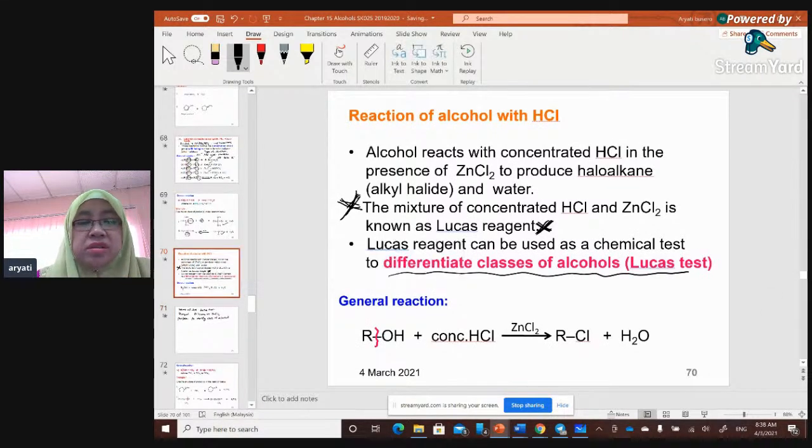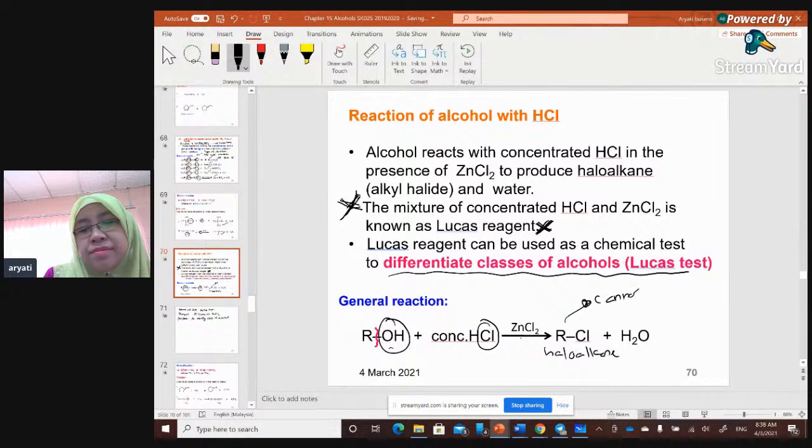So general equation, so I want you to write this equation in the lab report. So if you have an alcohol react with concentrated HCl in ZnCl2, OH will be substituted with Cl, so it will produce RCl and H2O. So RCl is a haloalkane, H2O is water. Haloalkane cannot form hydrogen bond with water.